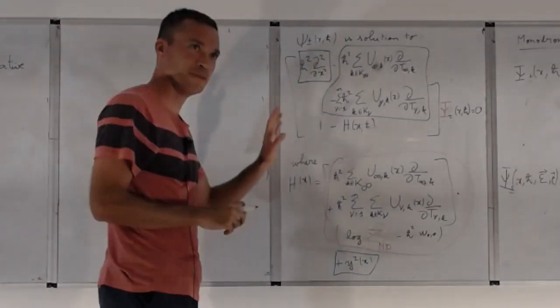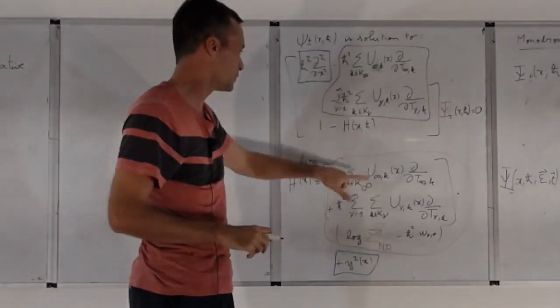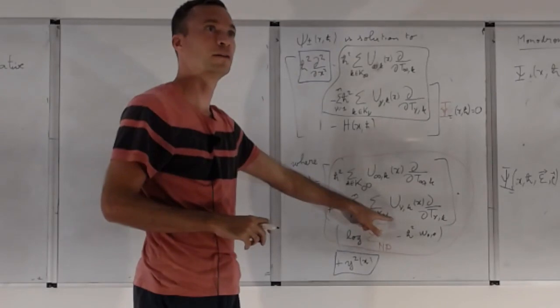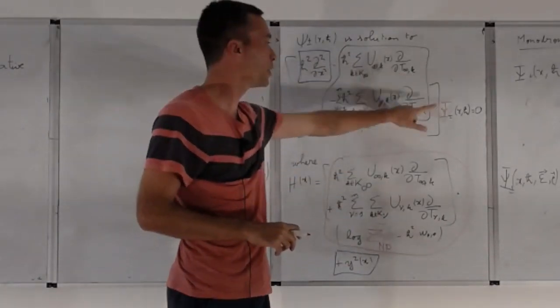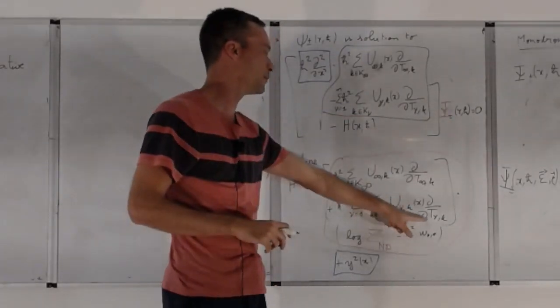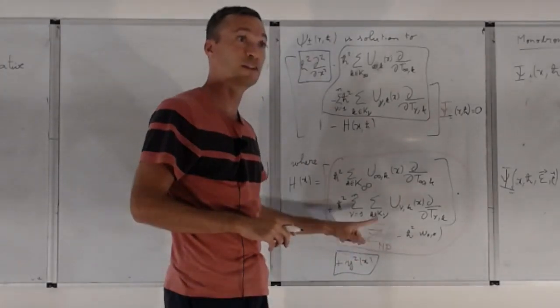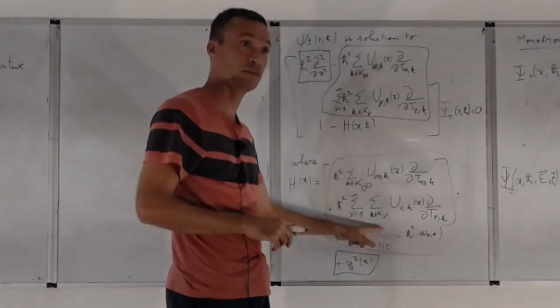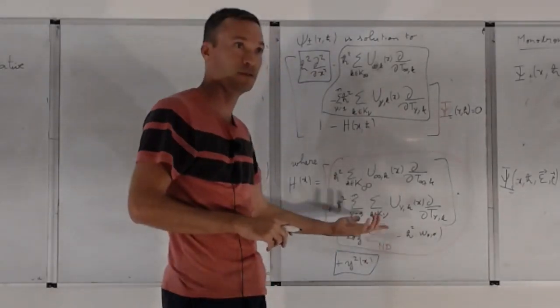No. This is important. So the U's are the same, okay? But these derivatives apply to psi. Here, the derivative applies to log z. So this does not depend on x, okay? Z here does not have any x dependence.